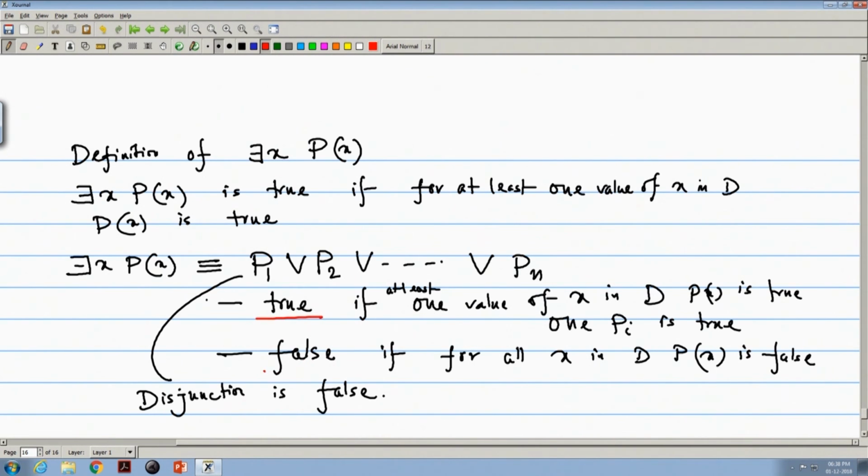So we can generalize our existentially quantified or universally quantified statements by using only the conjunction or disjunction connectives of the propositions or the predicates.